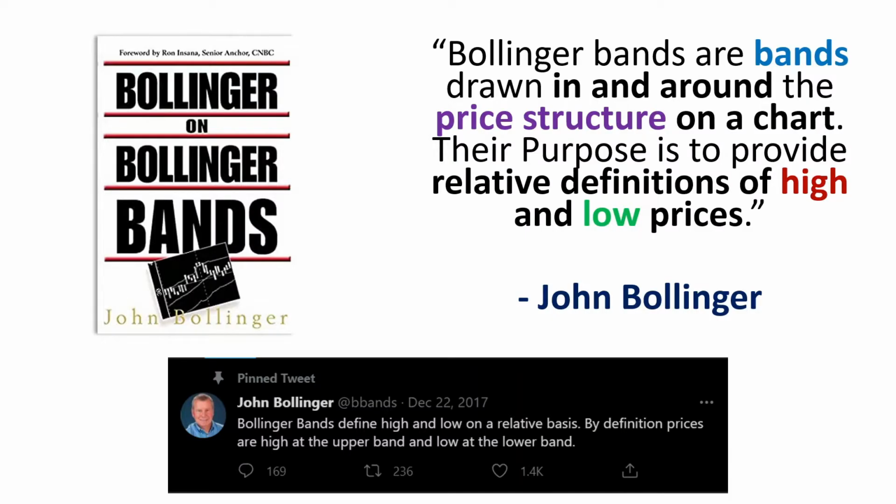He is quite active on Twitter, and he has written the book Bollinger on Bollinger Bands. According to John Bollinger, the definition is: Bollinger Bands are bands drawn in and around the price structure of a chart. Their purpose is to provide a relative definition of high and low prices.